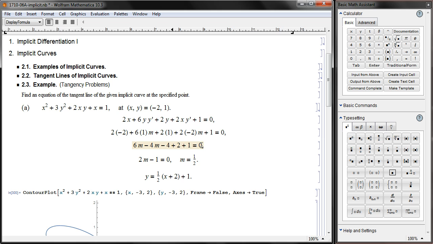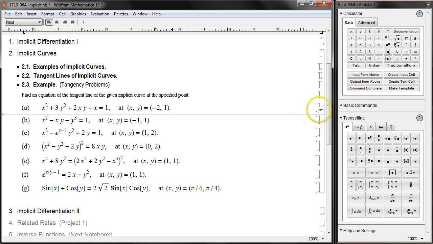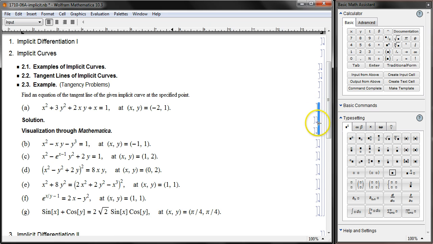So for m, once you get it, then put everything into the slope point equation. Feel okay? Alright, let's go to the solution here.